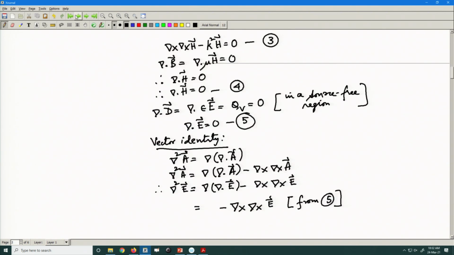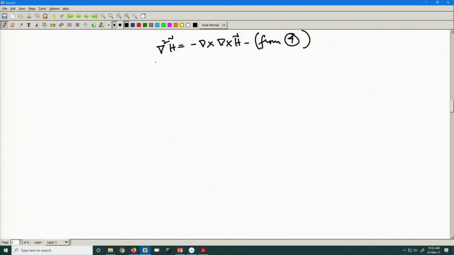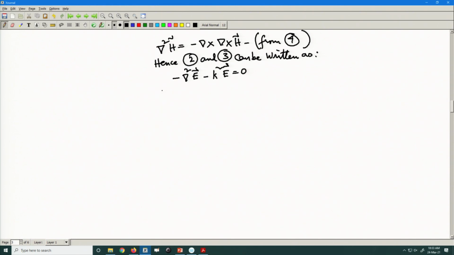Hence 2 and 3 can be written as minus grad square E minus k square E equal to 0, which will imply grad square E plus k square E is 0.